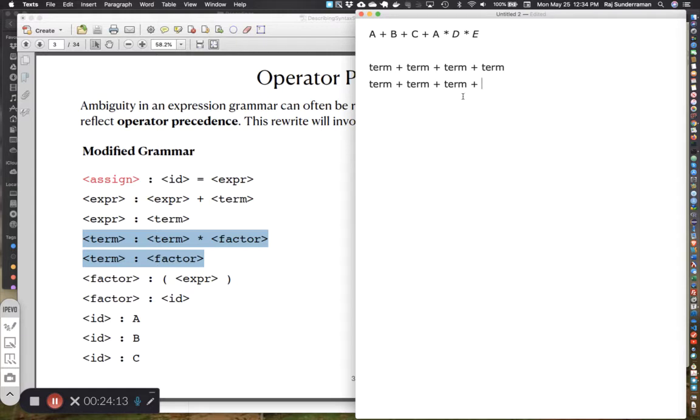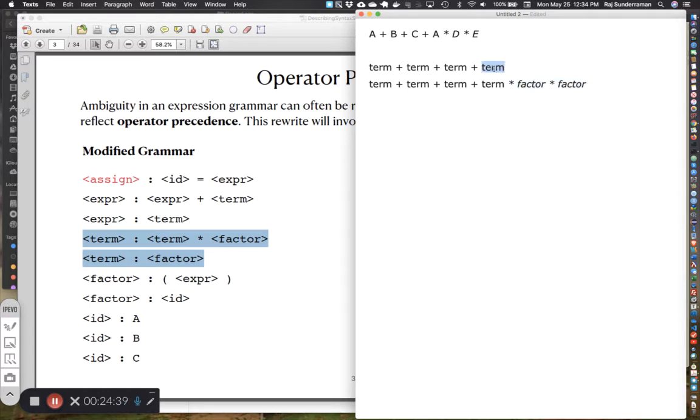And again, if you do this 2 times, then you'll get term times factor times factor. Got it. So you can use the next two rules just on this particular term.